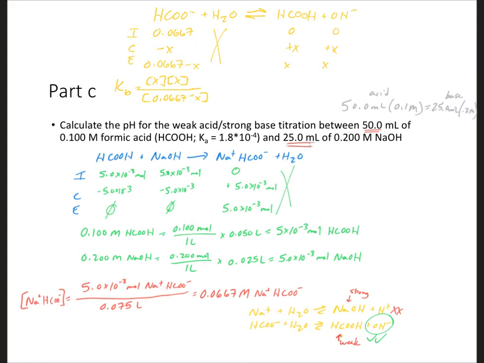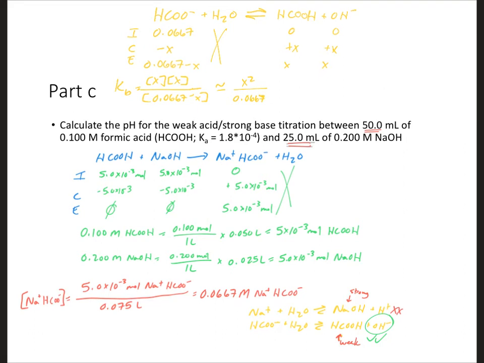Now this looks like where we have typically tried to use the 5% rule. We saw that the 5% rule applied when we were talking about formate going in the forward direction, which means that pretty much going in the backward direction it's going to apply as well. So we can actually say that this is approximately going to be equal to x squared over 0.0667. So now we just need a value for that Kb.